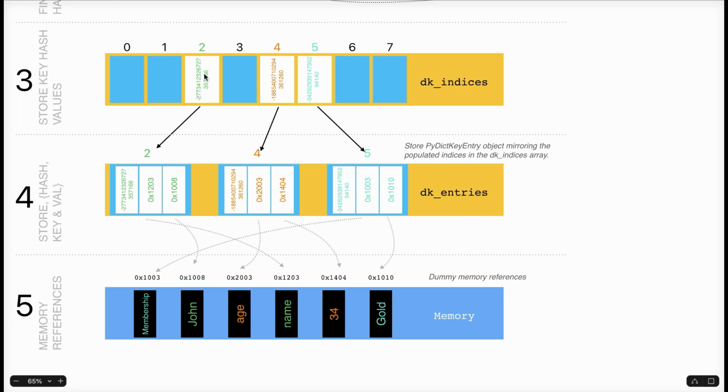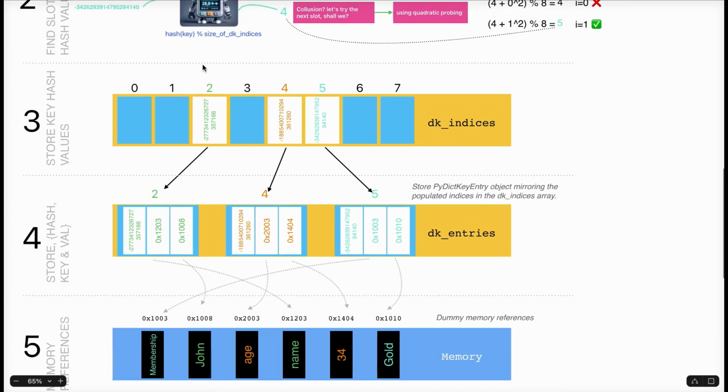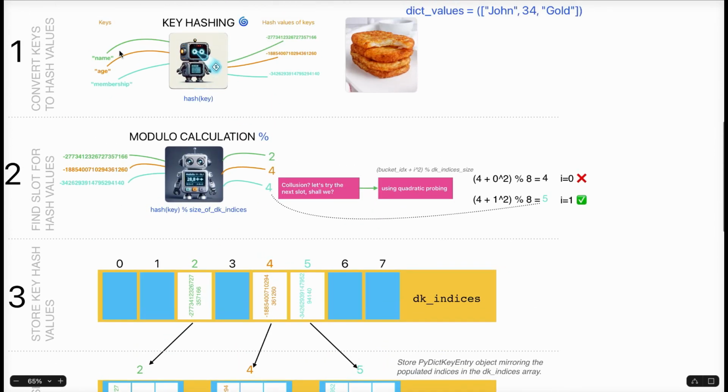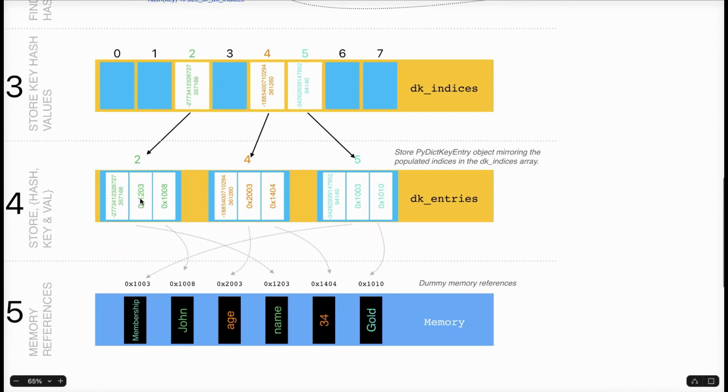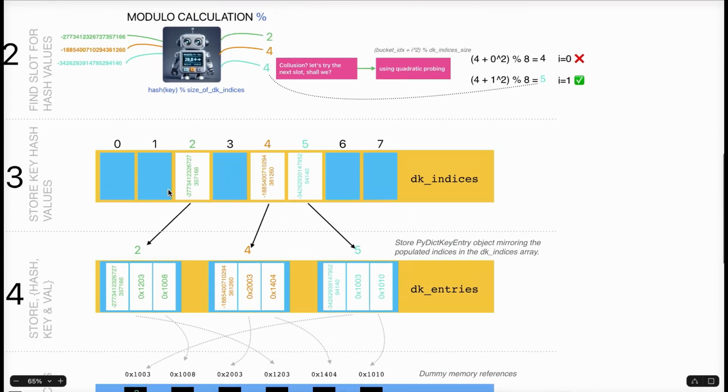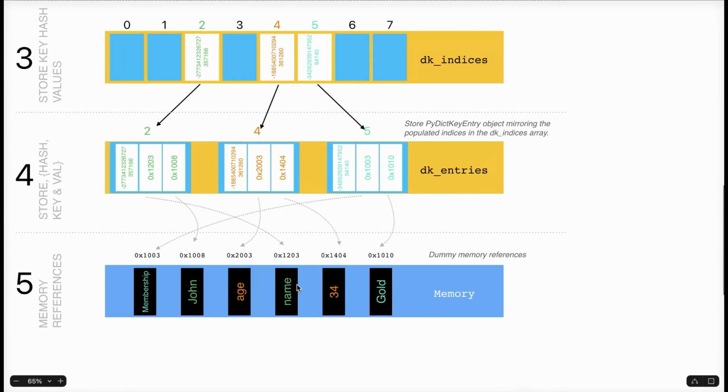The key here is name, so the name reference goes here. You can find it at reference 1203, and the value that corresponds to name, which is John in this case, goes at 1008. So we're storing the reference and the hash value that corresponds to it. The same goes for 4 and for 5.